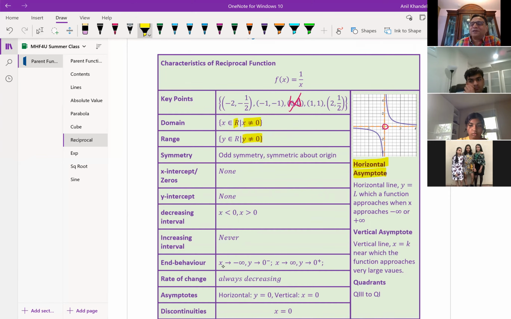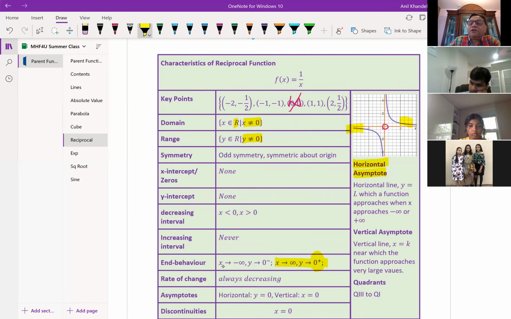It is 0, correct? Approaching 0. If I say 1 over 100, it is a very small number. 1 over 1000, even smaller. 1 over 10,000, much, much closer to 0. Do you see that? It is positive though, and therefore we see that it approaches 0 from the positive side. And therefore, in the behavior, we are saying when x approaches positive infinity, y approaches 0 from the positive side. Is that clear?